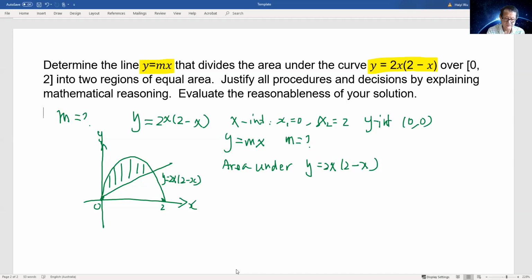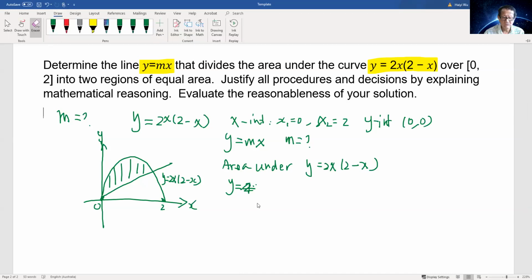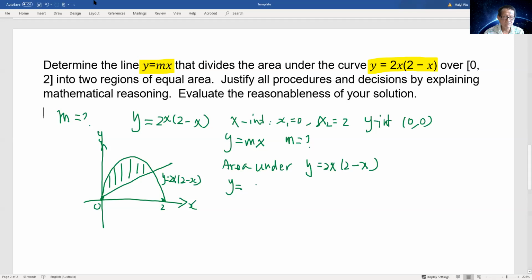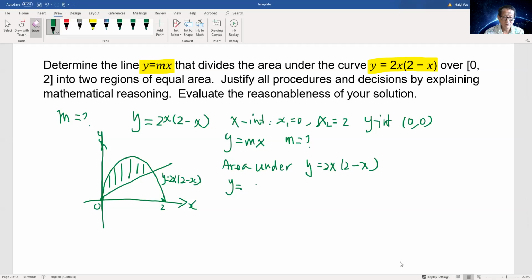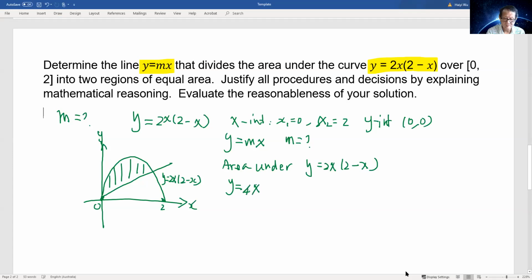But before I do that, I'll simplify this equation and expand the bracket, so it becomes 4x minus 2x squared.